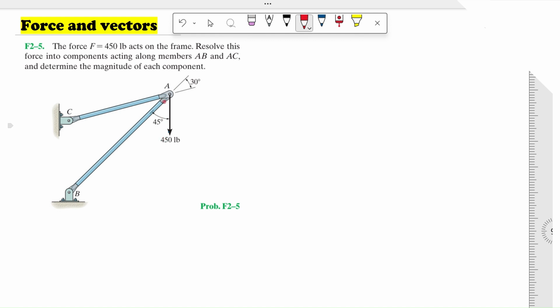Basically, we will be determining the value of this and this member forces. For this, we will be constructing a correct triangle. I am using the word correct because a triangle has three sides.